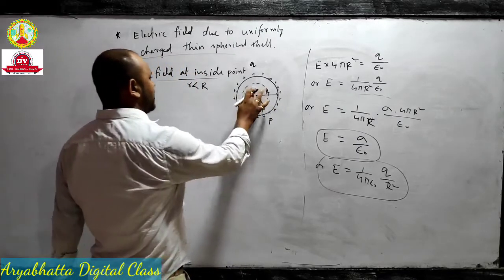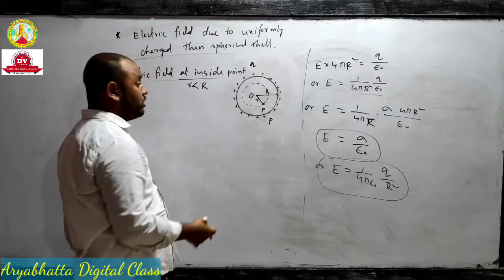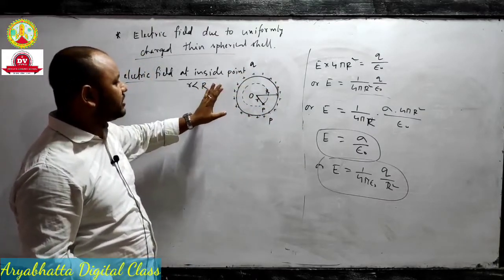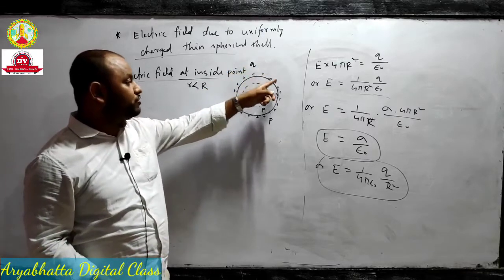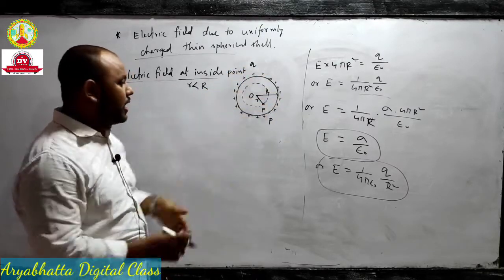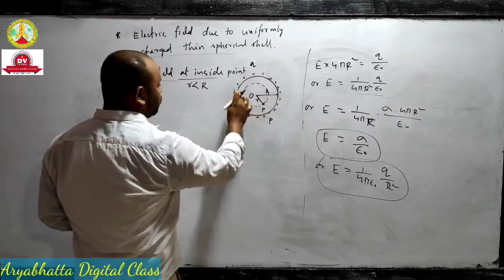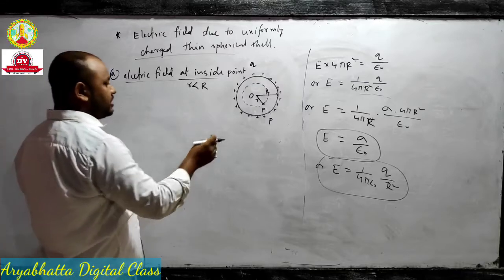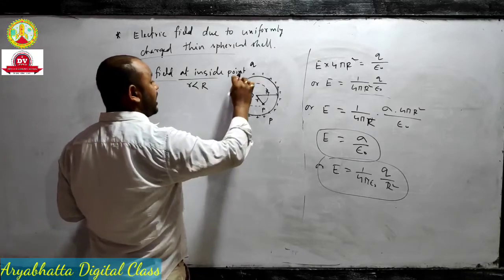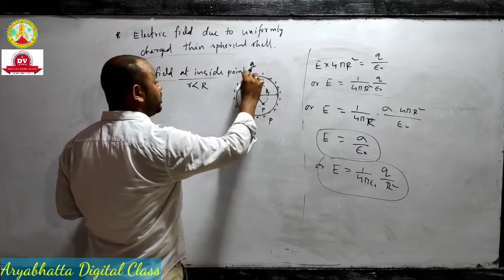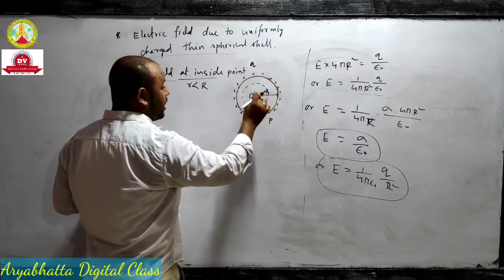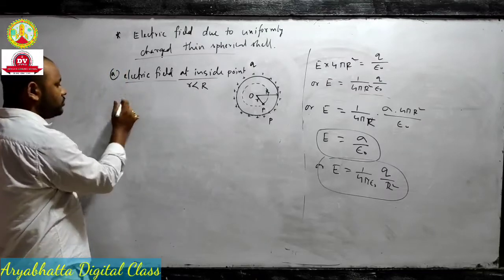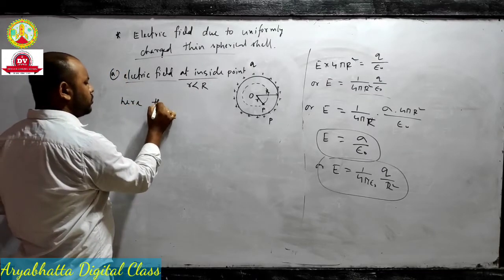The charges are uniformly distributed over the surface of the thin spherical shell, and this Gaussian surface will enclose zero charge.